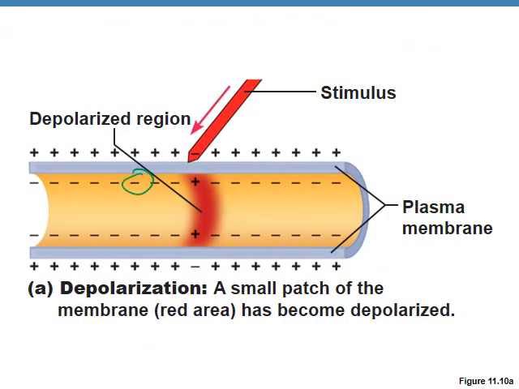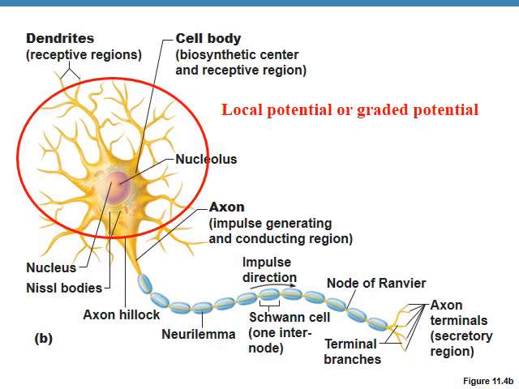So you can see that the inside is negative, the outside is positive. What's going to happen when you have a stimulus? Gates are going to open and you're going to see sodium coming in. That sodium is going to cause the inside of the membrane to shift from negative to positive. So where does this occur? Here's the neuron. This is the body, sometimes called the soma.